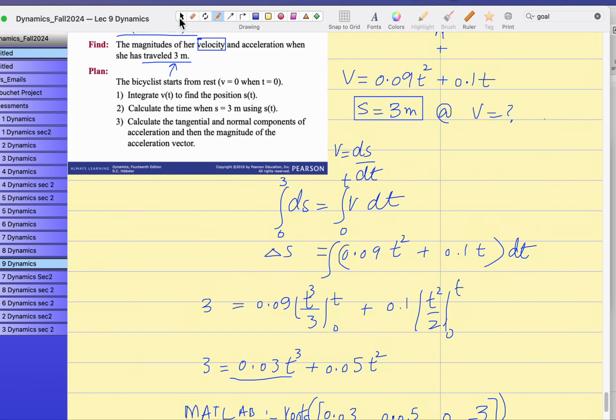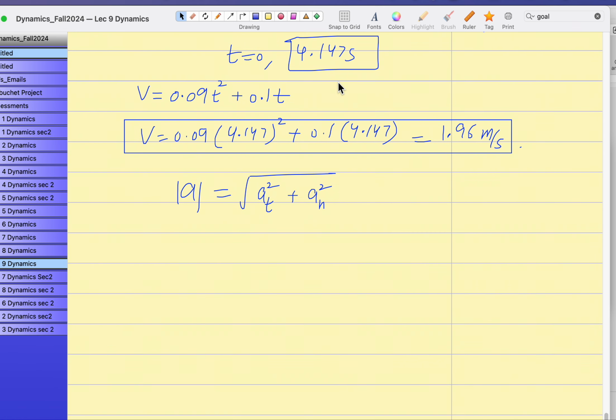Let me take this one and do the differentiation. The time derivative of this function gives the tangential acceleration: 0.09 times 2 times t, plus 0.1, at time t equals 4.15.